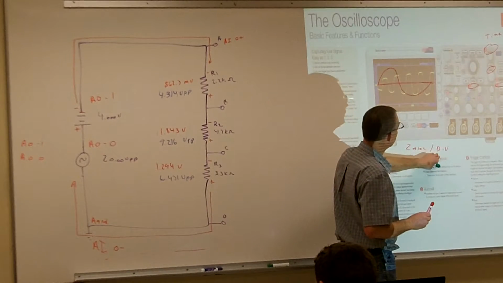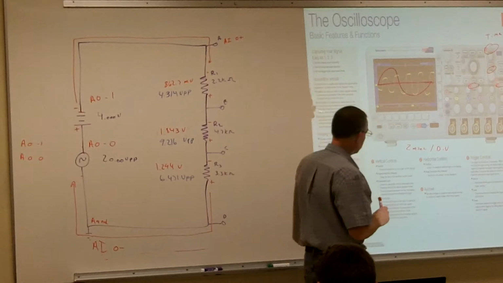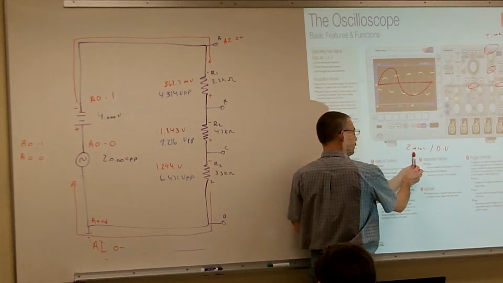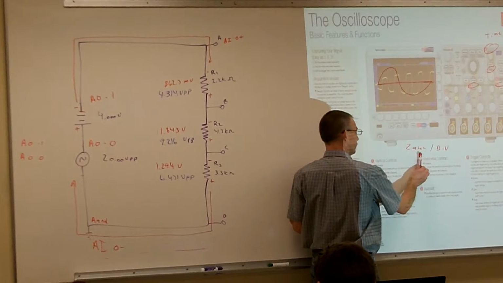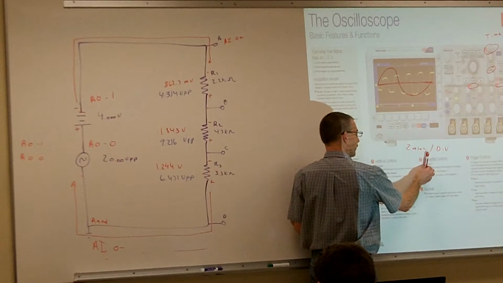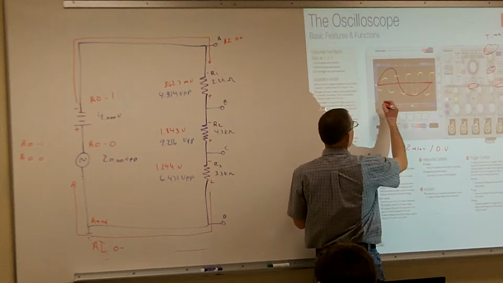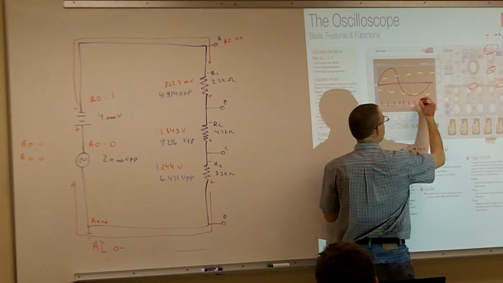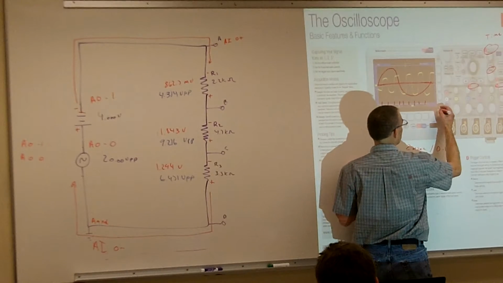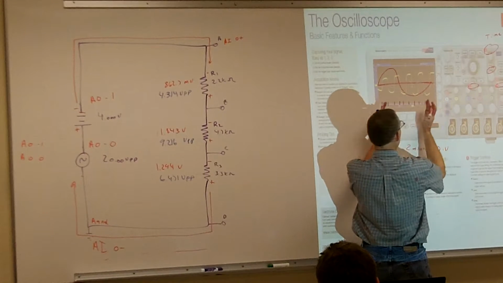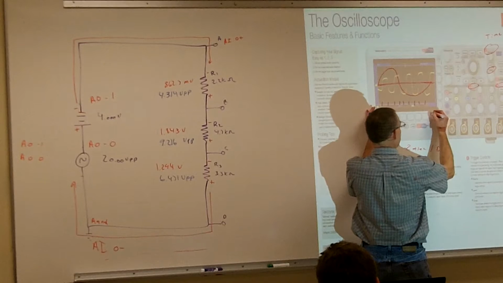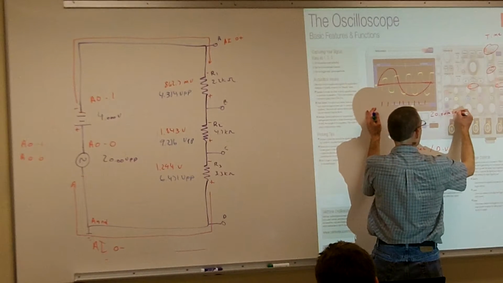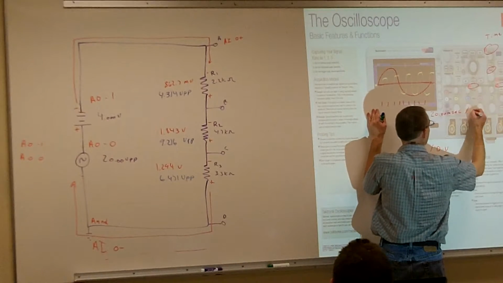I think on the digital ones it might be 2.5 milliseconds, and on the analog, I think they have the 2 milliseconds, but we'll just keep it for simplicity as 2 milliseconds per division. So what that means is that for every division, it's going to be 2 milliseconds. So over 10 divisions, I'm going to show a total of 20 milliseconds over my whole 10 divisions.